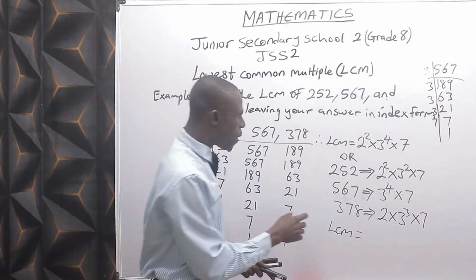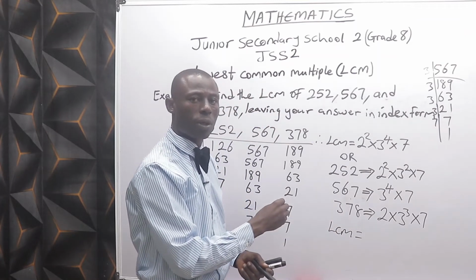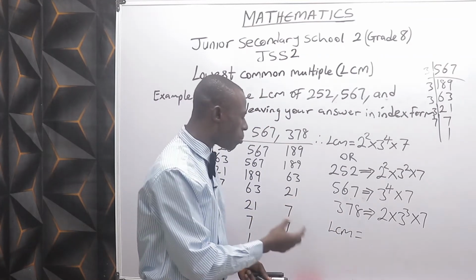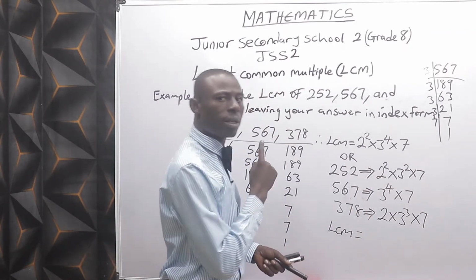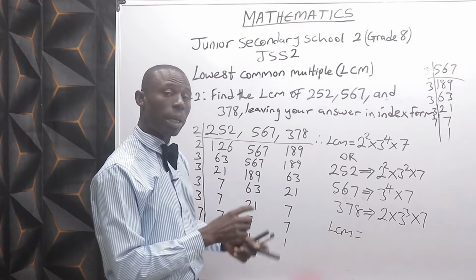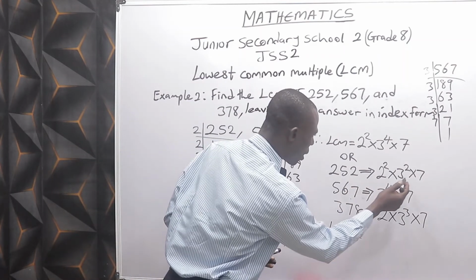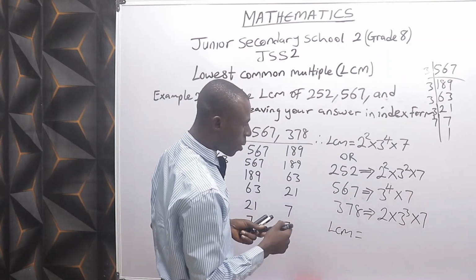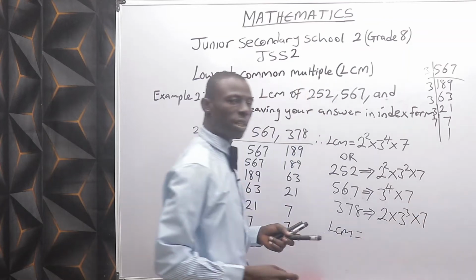Don't forget, having expressed each number as a product of their prime factors in index form, now find the product of every prime factor available in their highest power. 2 as a prime factor is available. 3 is available as a prime factor. 7 is available as a prime factor.